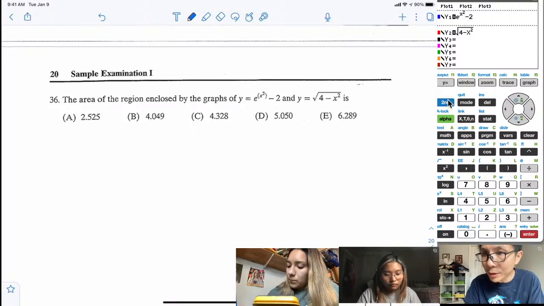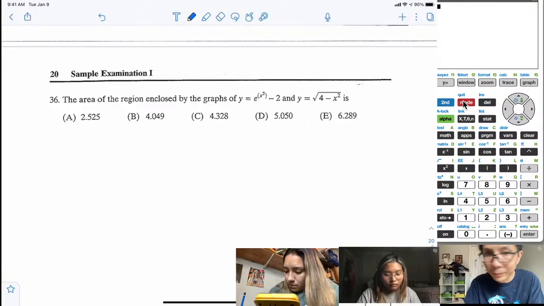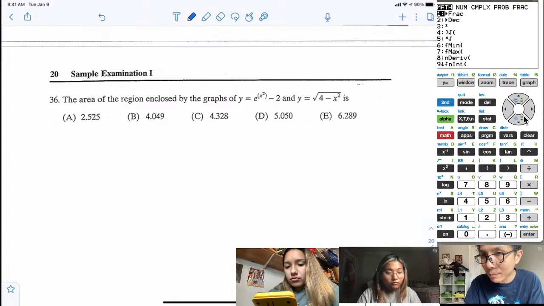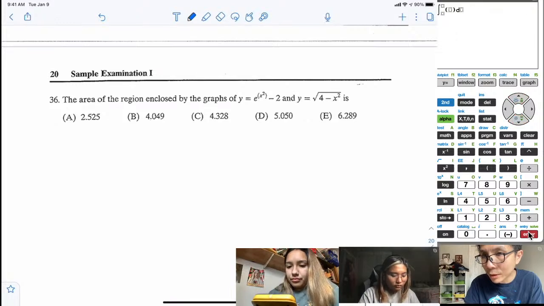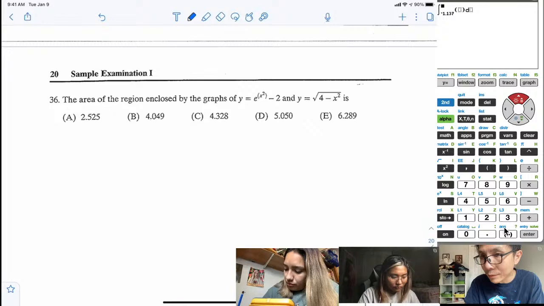And then what I'm gonna do is I'm gonna go outside screen. And this is positive 1.137 as well. So I'm gonna do math integral on the outside because this is the best way to do it. I'm going to do the integral between negative 1.137 to positive 1.137.